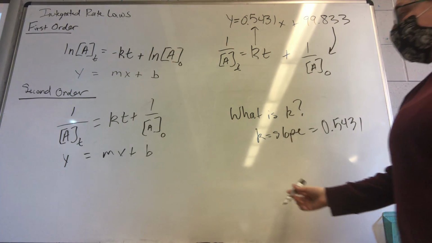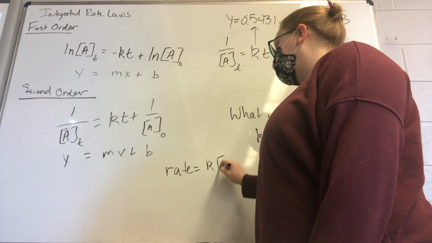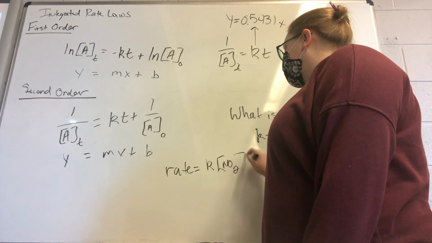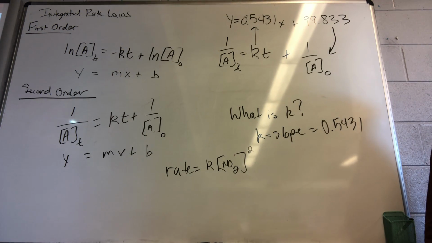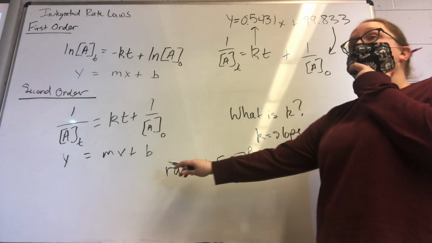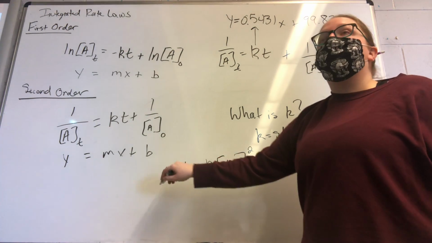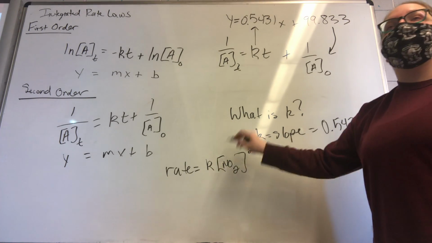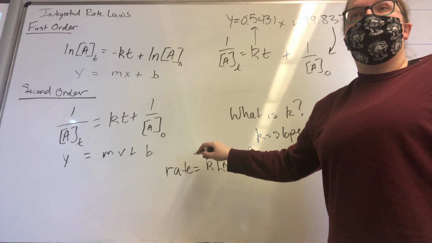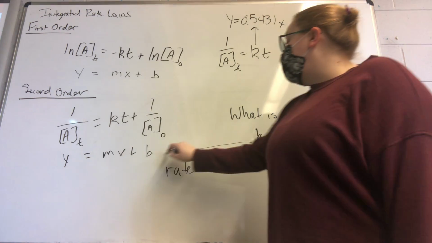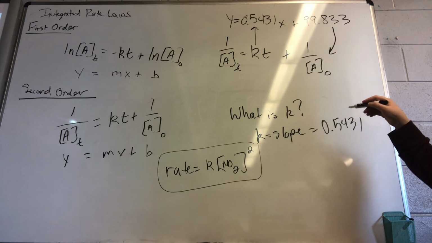So from here, if we use the rate law that we talked about yesterday, we would write this, assuming there's nothing else that we know about this reaction. Because we know how to write rate laws, we know what K is now. If we wanted to, we could determine the rate of this reaction at any concentration, because we now know the constant of the reaction. So this is something we can use to indicate what we know.